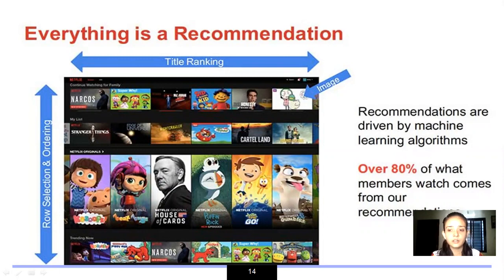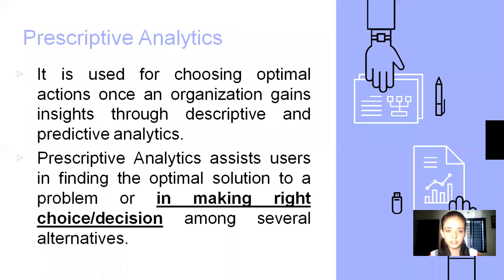Netflix says that over 80% of what members watch comes from the recommendations. So whatever movies you are watching, 80% of them are clicked from the recommendations. Like this, they are increasing their profit. Amazon is also increasing its profit by showing recommendations, gaining 35%, and Netflix says that more than 80% of what members watch comes from recommendations.